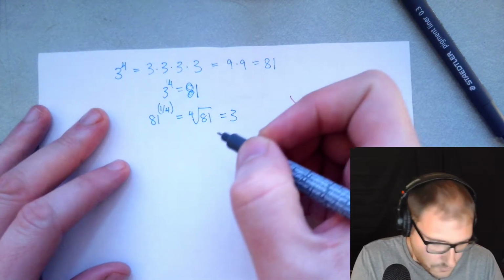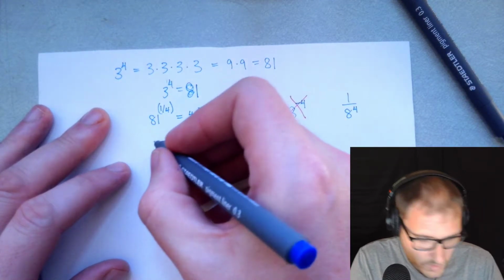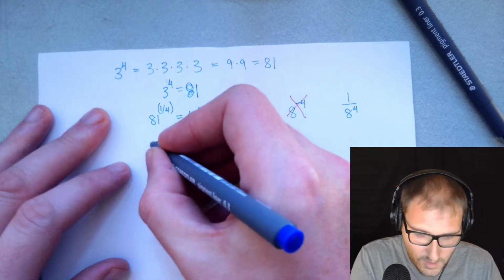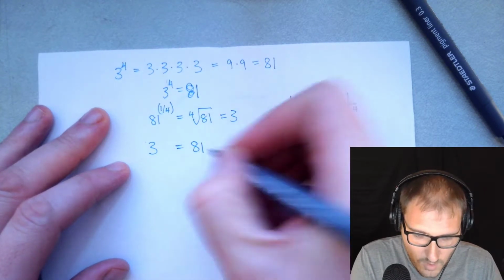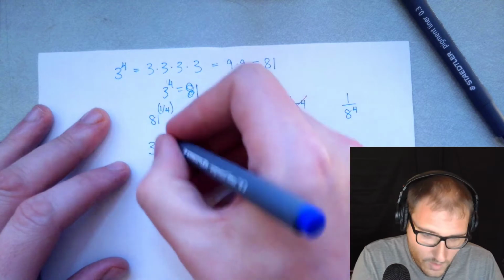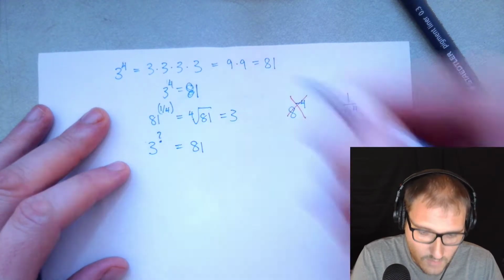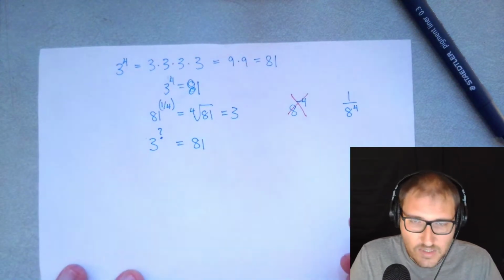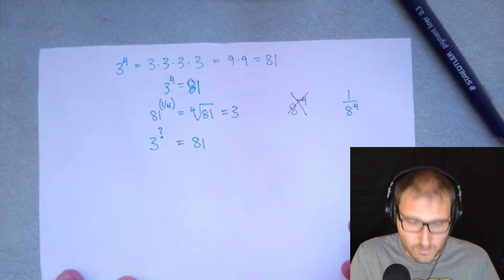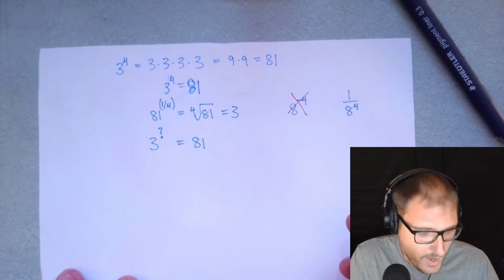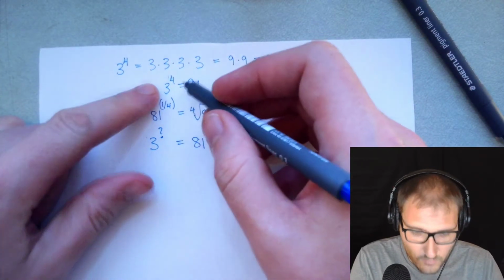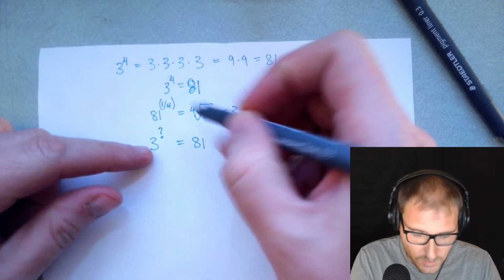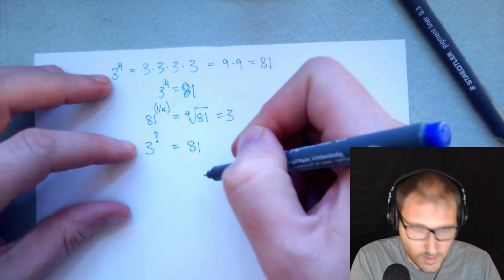And then we might want to do a third thing: if I had the 3 and I had the 81, and I wanted to know what power I need to raise the 3 to get to 81, that might be something we want to ask. We know from up here that the question mark is 4, but this is what logs do for us.